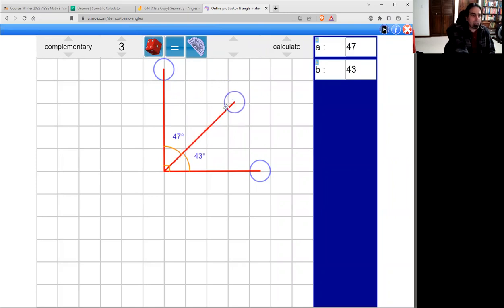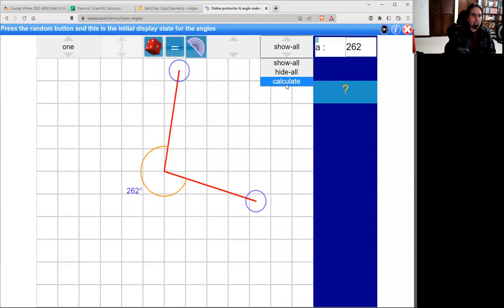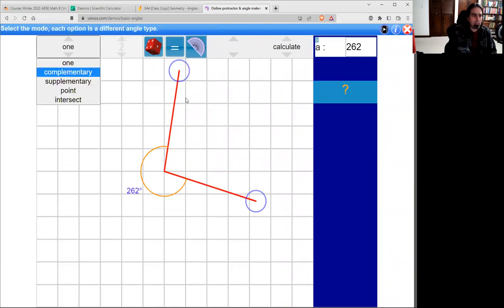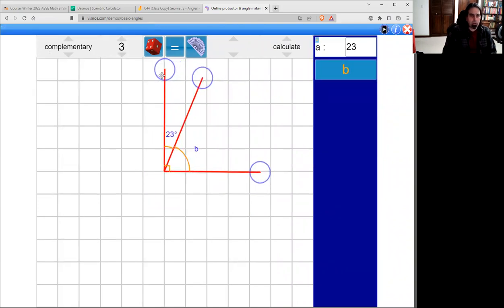It's not working for me. Calculate complement there. So it's supposed to do it if it's working right, that it gives you one, and then you have to do 90 minus 36 to find what B is. Or 90 minus 20 if it was that picture, or something like that.